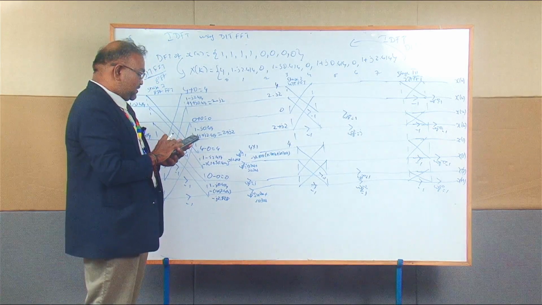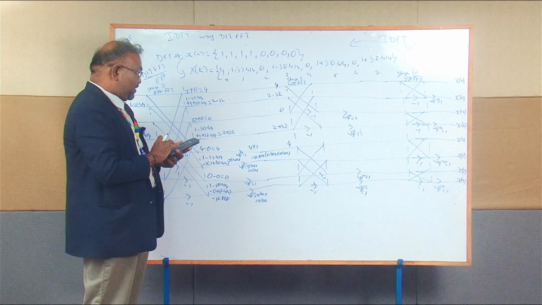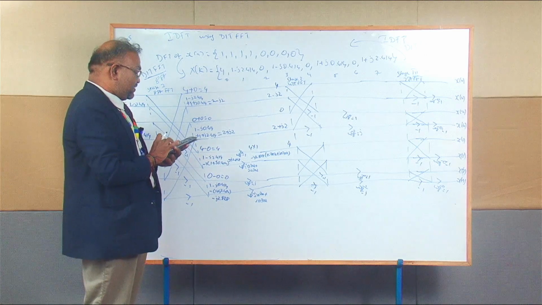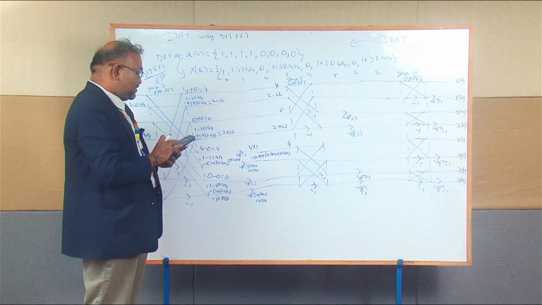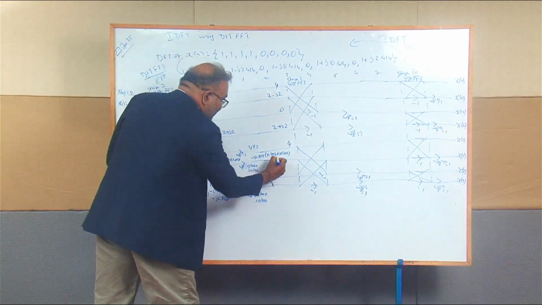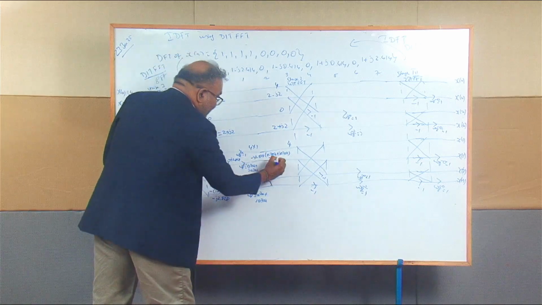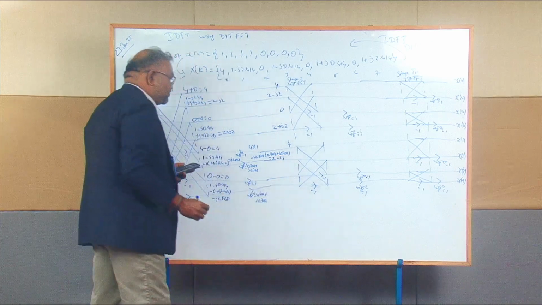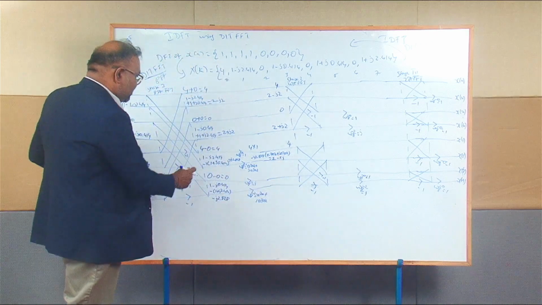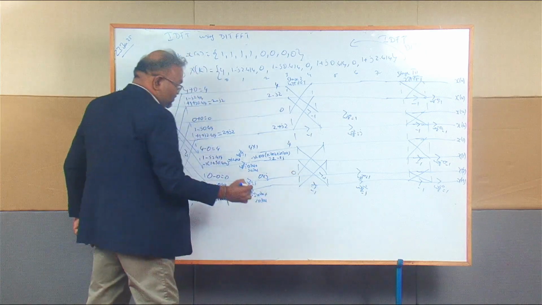Minus j into 2.828 into 0.707 plus 0.707j. So, we will get here 2 minus 2j. Okay. Next one, 0 into j, anything times 0 is 0.